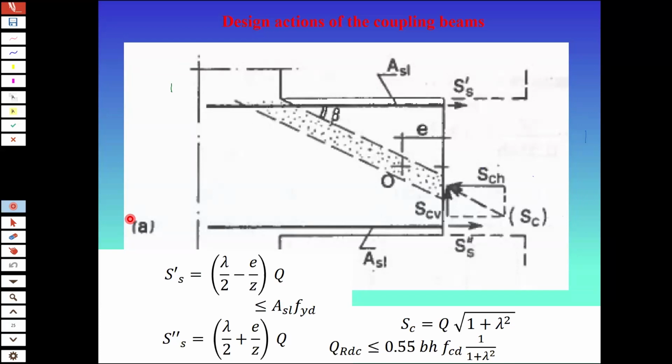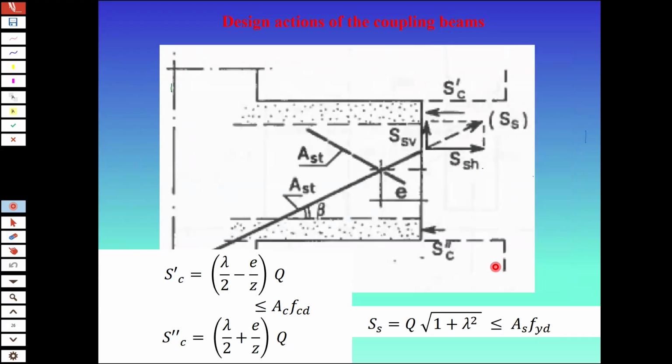So when you have reached your maximum capacity with this, it means that you cannot put any more diagonal reinforcement. Keep from that floor downward the diagonal reinforcement constant. This also means that the resistance of this mechanism will remain constant from that point down.